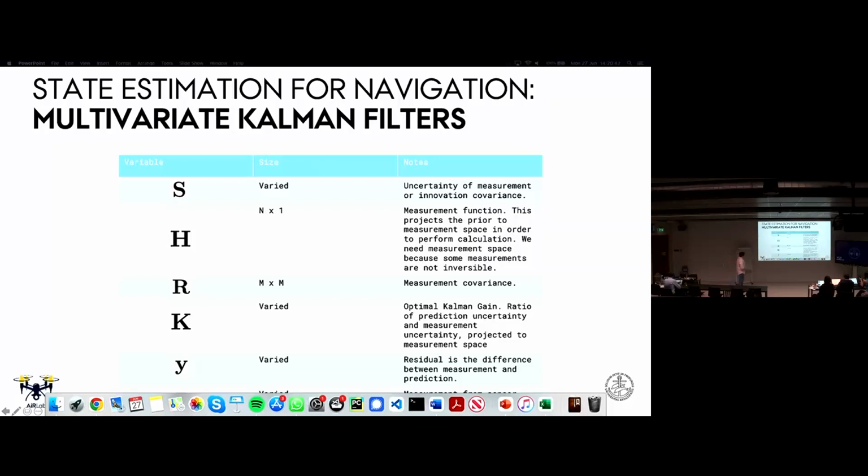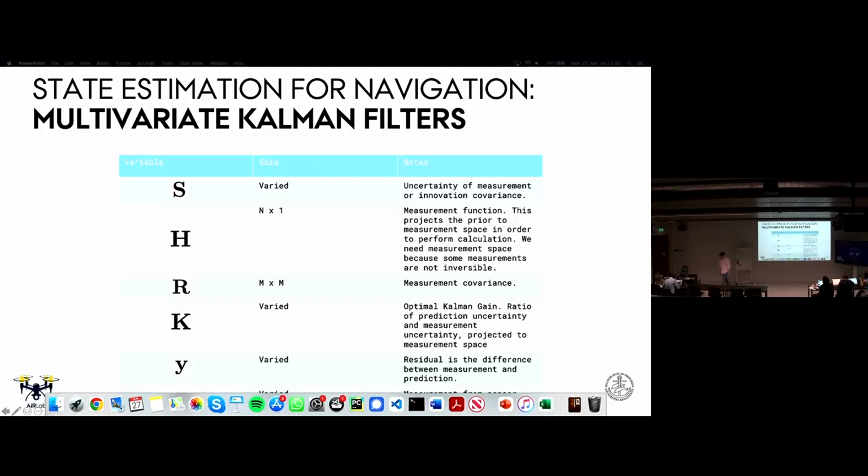R stands for measurement covariance. However many different sensors you have, this encodes the uncertainty of a specific measurement into the space.